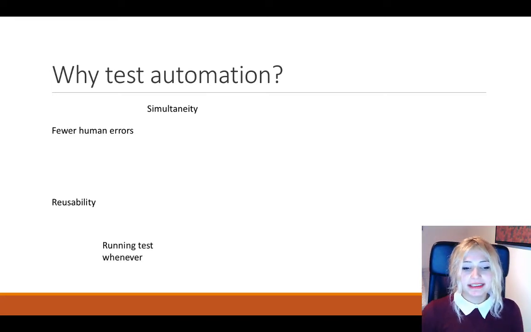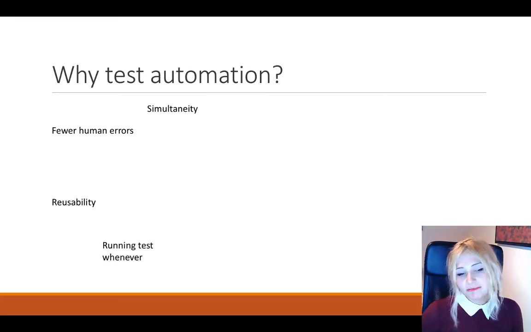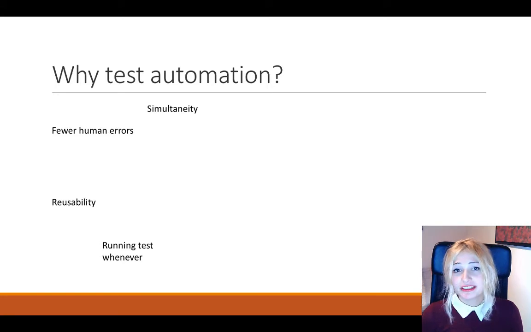And running tests whenever. I think this is one of the most important things, because your manual tester probably cannot run the tests at night, and probably cannot run the same amount of tests that the automation does.